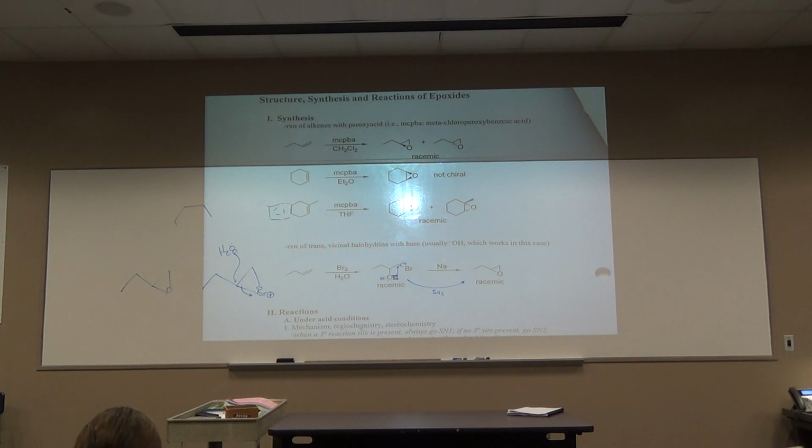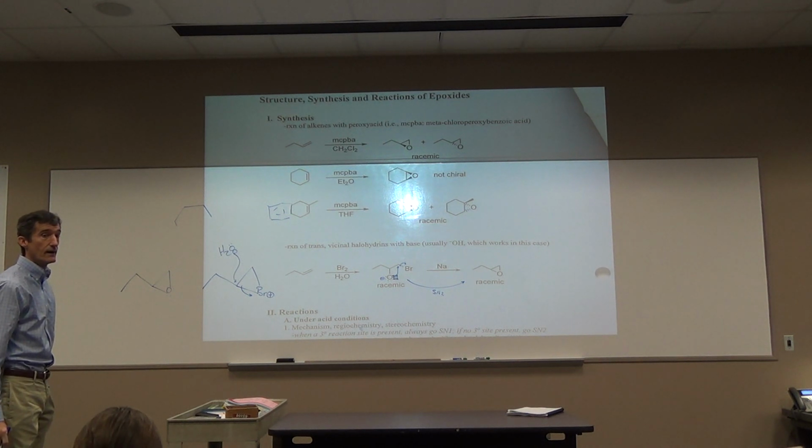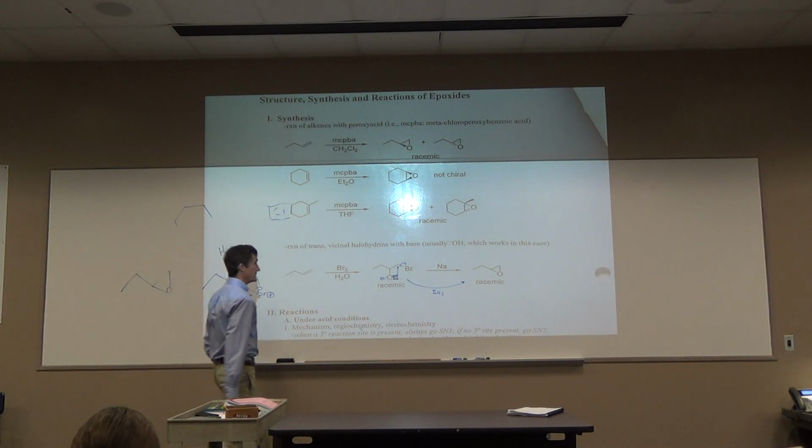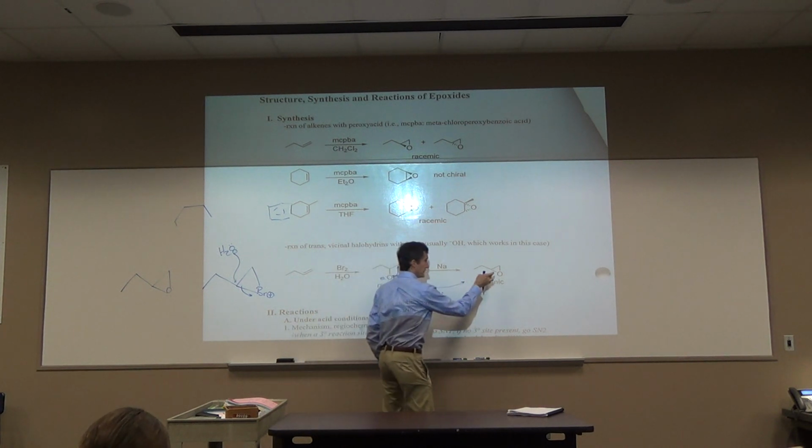Because epoxides are so reactive and relatively unstable because of that ring tension, why does it want to do that? Is it just because that bromine is so willing to leave? It's so willing to leave. Once we get to this point, it's going to get to this point. That goes to this plus what?